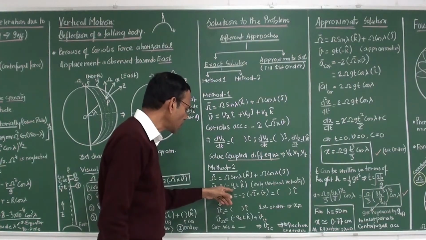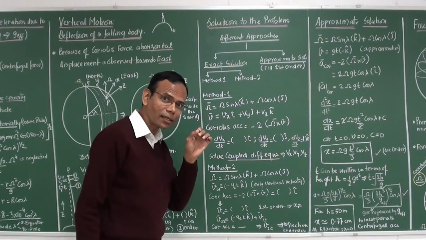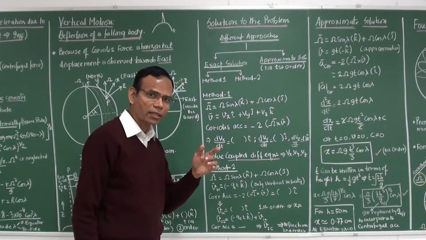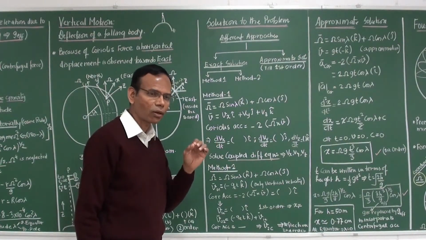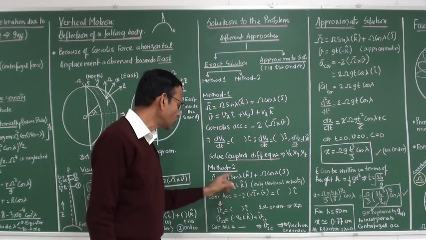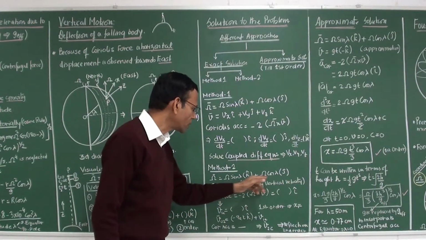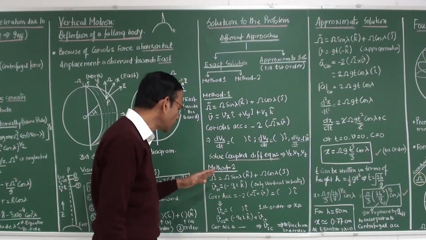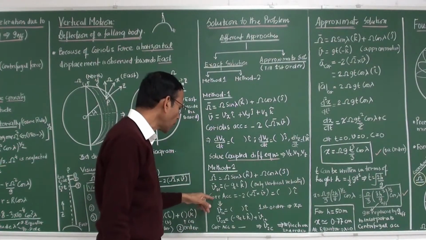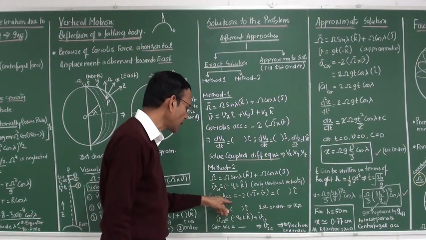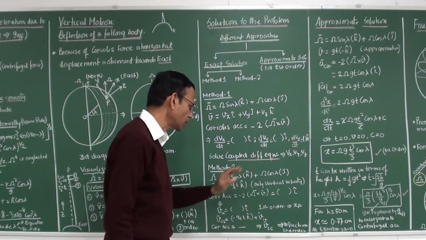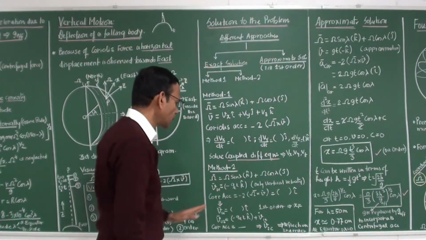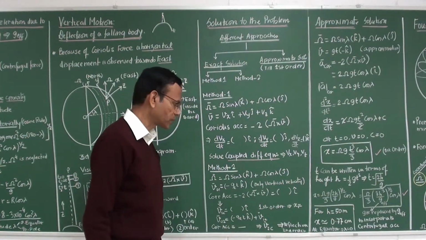Now in place of g, we are writing ge, that is the effective gravity where the centrifugal acceleration term is taken care of, minus gt into t k cap, only vertical velocity. So here we are taking only vertical velocity. With that vertical velocity, we calculate the Coriolis acceleration, minus 2 omega cross v. So whatever we get, we have seen that the first one we get in the i direction.